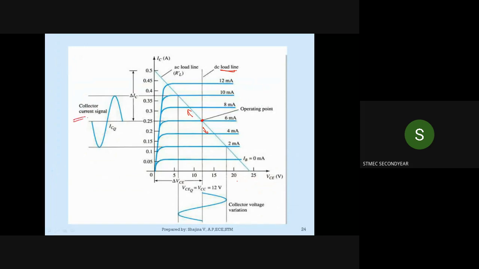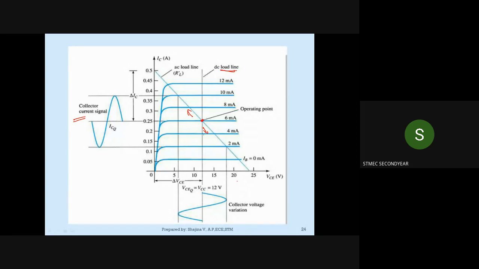This is the collector current signal. It fluctuates from maximum value to minimum value. Similarly, the collector voltage variation will be like this. So we fix our operating point here, and when we apply an input signal, our base current changes accordingly.